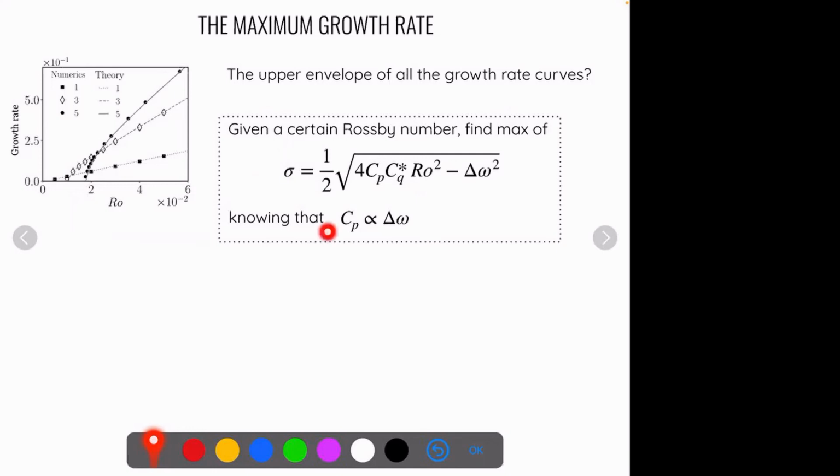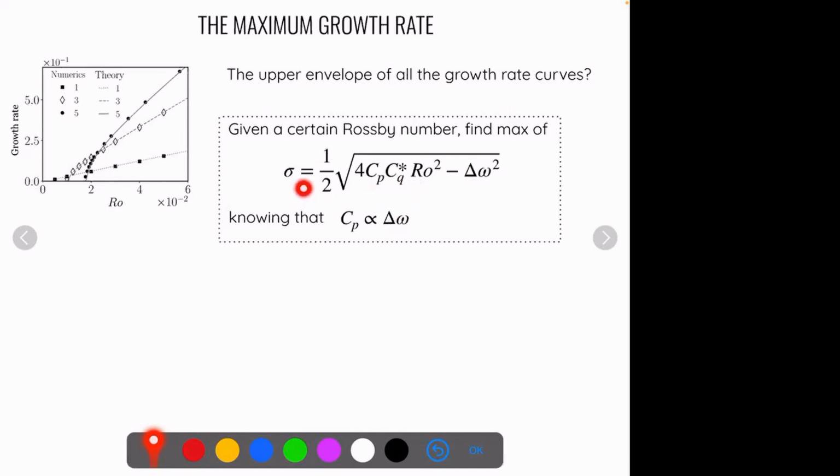And the important point here is that the coupling coefficient with the geostrophic mode, P, is proportional to the detuning delta omega. Okay, so when delta omega goes to 0, so when you draw closer to exact resonance, this growth rate goes to 0. But if you take a certain Rossby number and you plug that in, you see that delta omega is going to be proportional to the Rossby number squared.